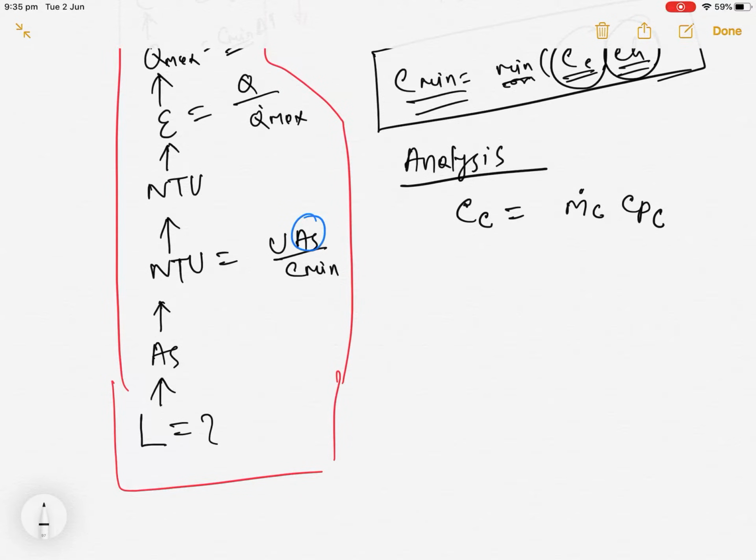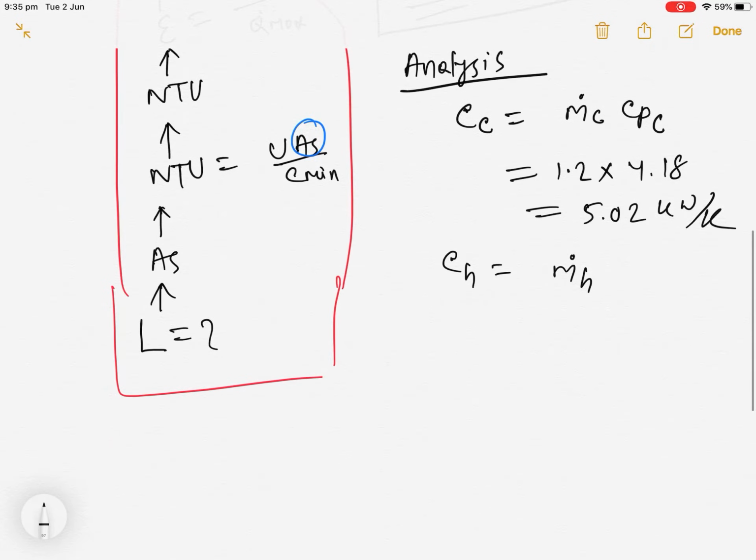I told you that I'm not going to write all the properties here again because we did it last time. So we know the cold fluid mass flow rate is 1.2, and the water specific heat is 4.18. So we'll get 5.02 kilowatt per Kelvin.